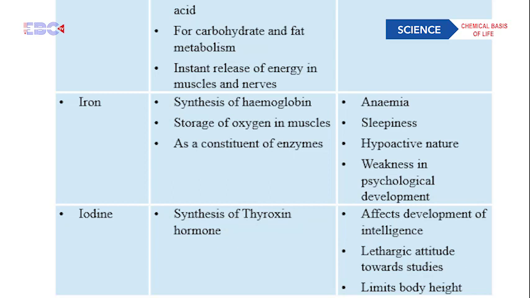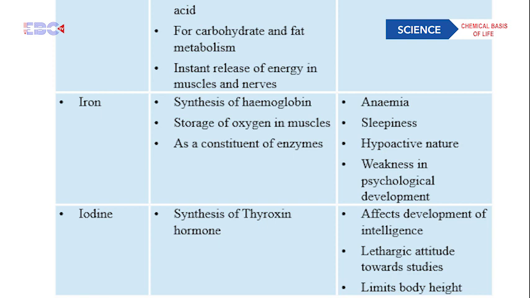Then the next element is iron. Its function is the synthesis of hemoglobin. When you get the term hemoglobin, you may wonder what hemoglobin is, right? Hemoglobin is a red protein molecule present in red blood cells. In the blood, there are three types of cells, right?